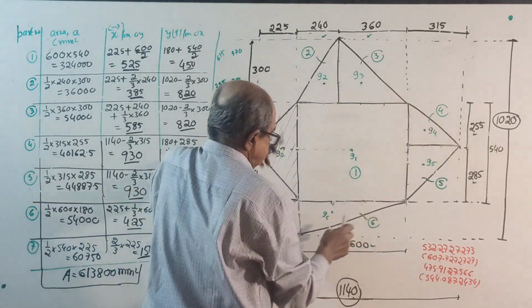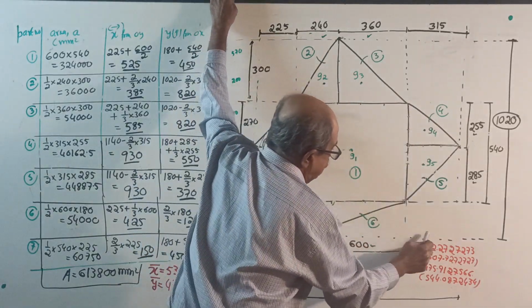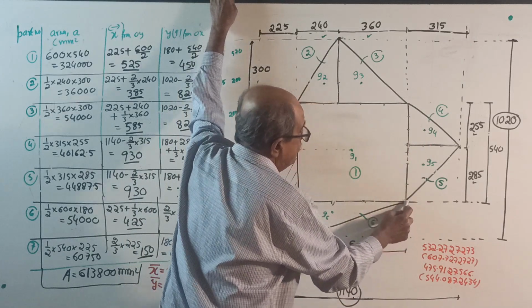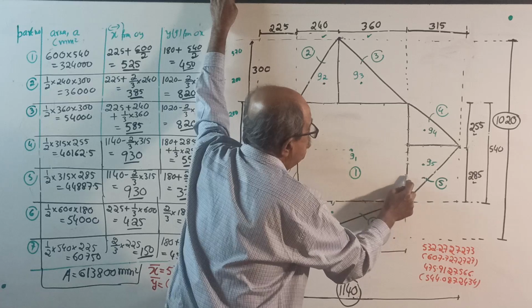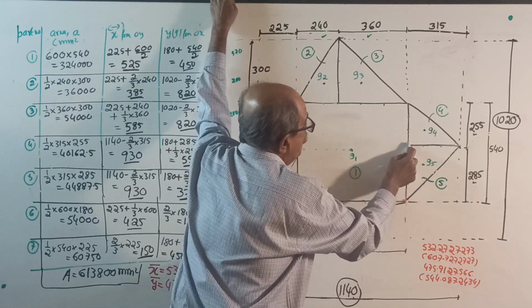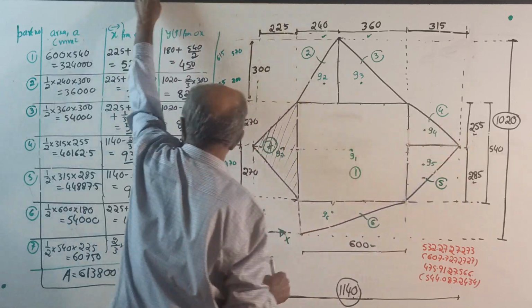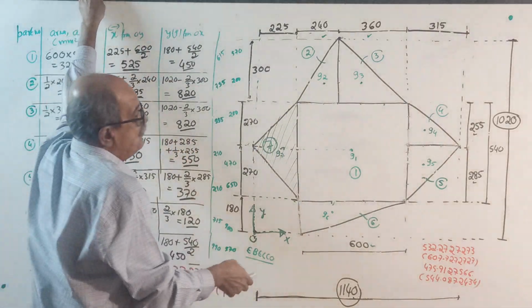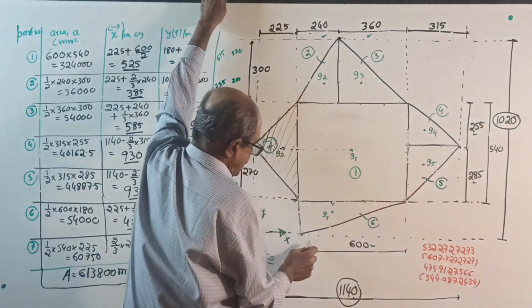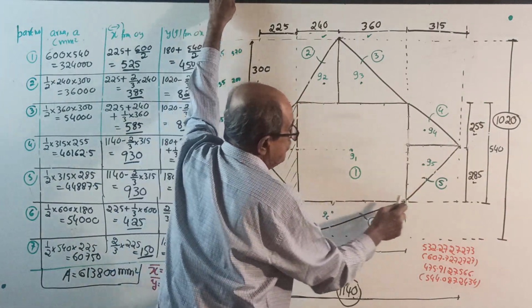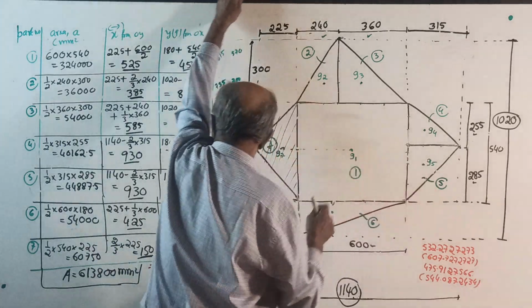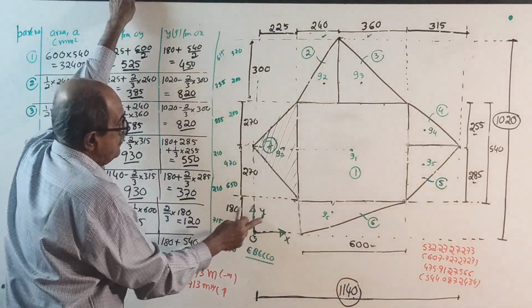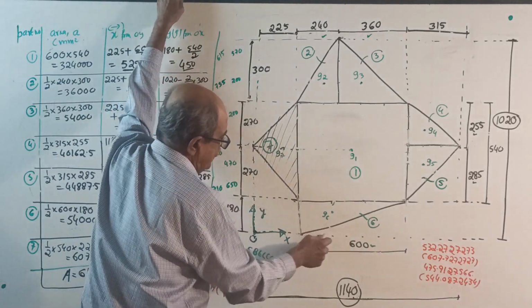Figure number 4, or part number 4. 180 plus 285 plus 1 by 3 of 255. Yes, here, 1 by 3 here. Figure number 5. 180 plus 2 by 3 of 285. Figure 6. Oh, very easy.